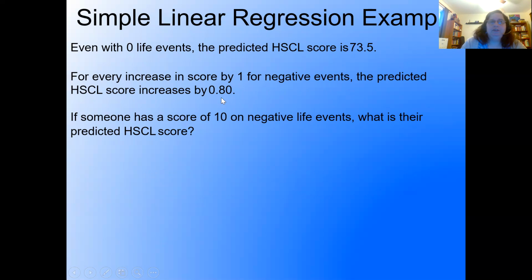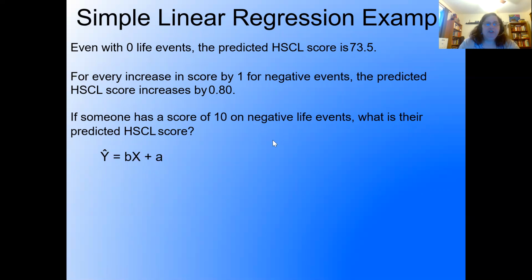That's our slope, 0.80. Because for every change in score by 1 for X, the predicted HSCL score increases by 0.8. If someone has a score of 10 on negative life events, what's their predicted HSCL score? That's simply our X. 10 on negative life events, 10 on X.